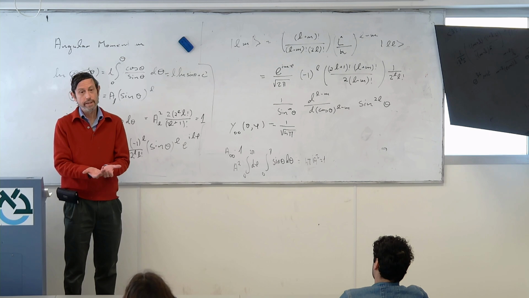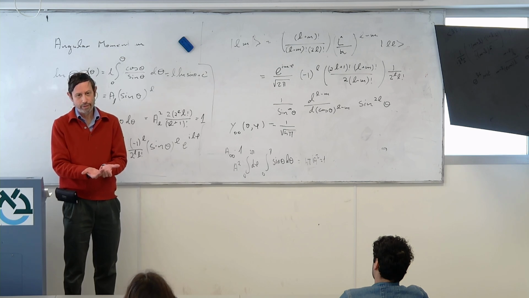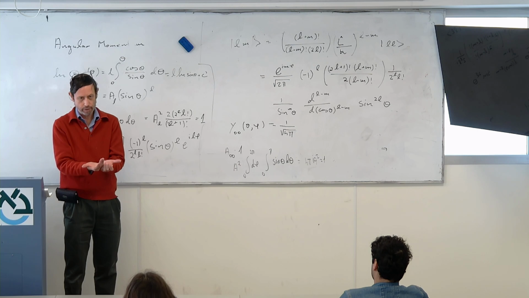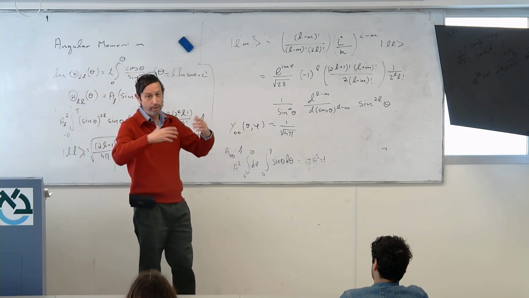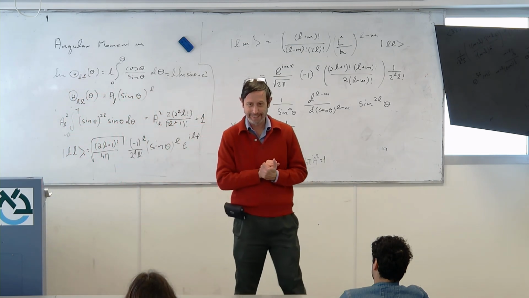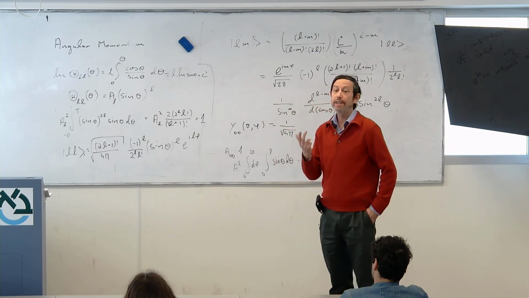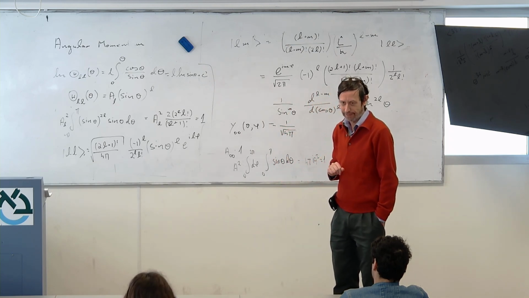The solid angle integration, an integration over the angles of a sphere, which are 2 angles, theta and phi, always gives us 4 pi. So I know that that's the normalization, so I can write it down. Now the physical argument.